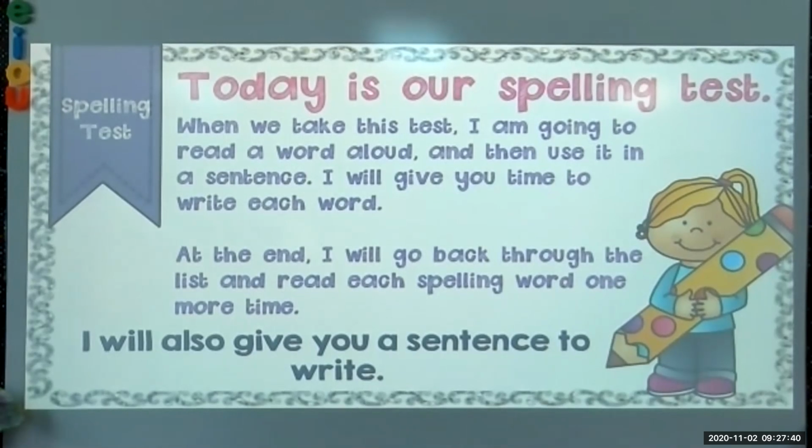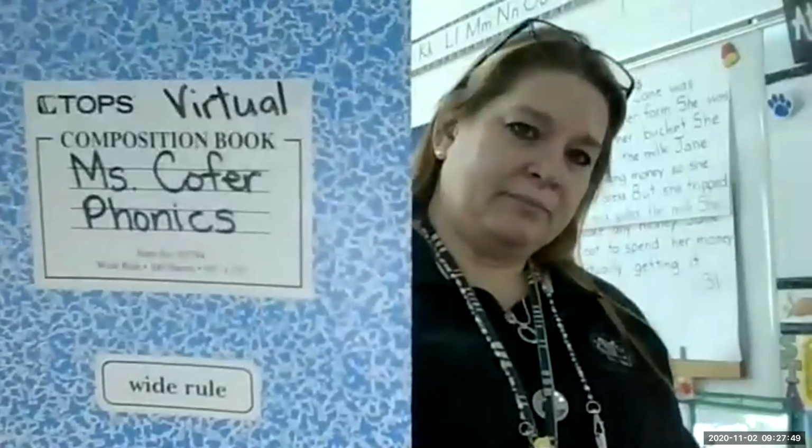So you need to, hold on, I'm switching my camera. You need to have out your phonics journal. Turn to page 34. Okay, and you have 10 words. So you need to write on the top, spelling test 5.